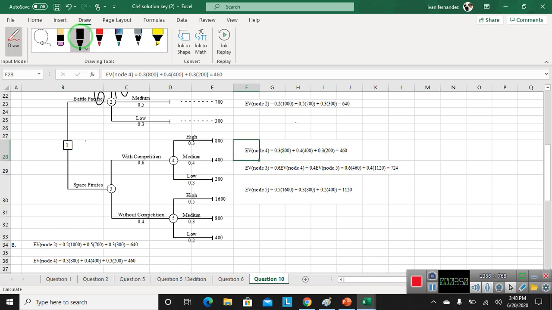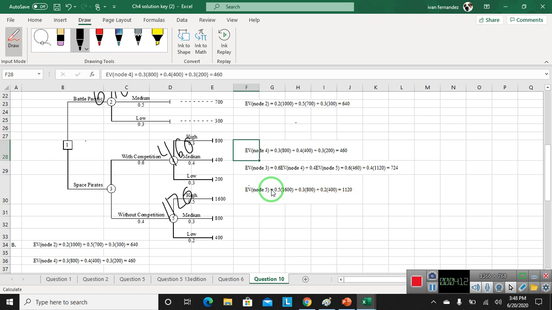So right there, that's 460. You're going to do the same down here. Expected value at node 5 is going to be 1,120. Right there. Okay? The math is right here.